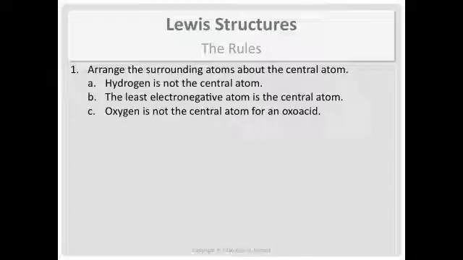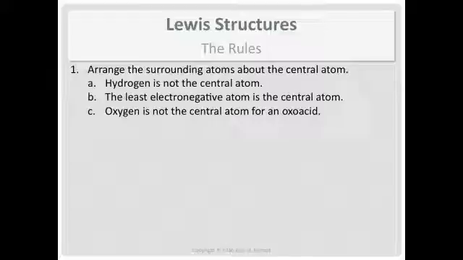When you put the atoms down on your workspace, most of the molecules that we deal with at this level have one central atom and a bunch of surrounding atoms. In the case of oxoacids, that's a little different. And if your course looks at some organic molecules, that tends not to be the case.